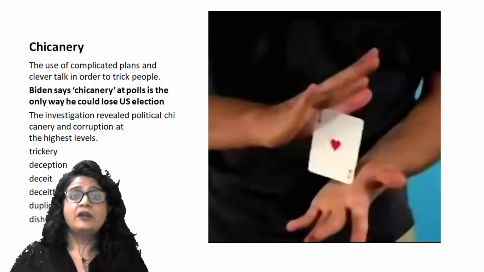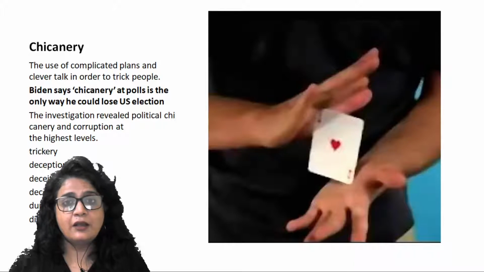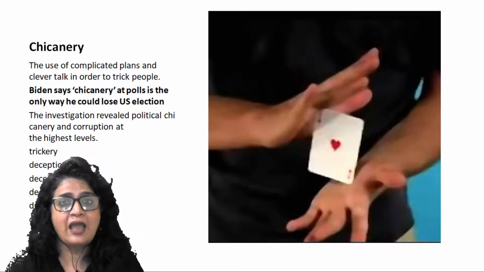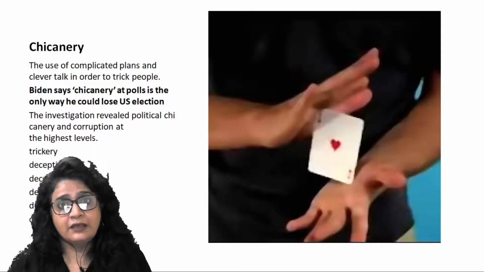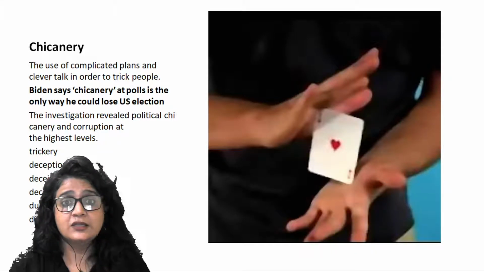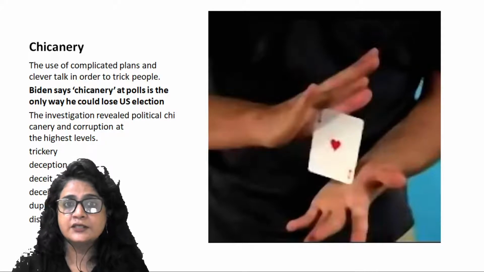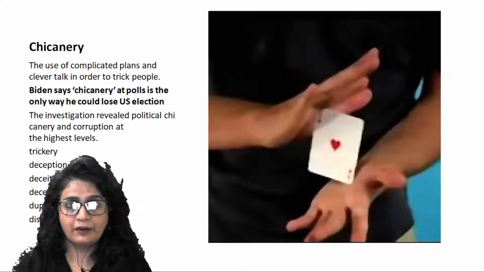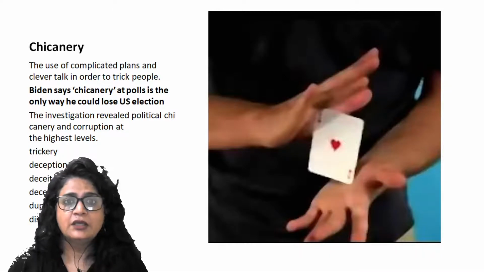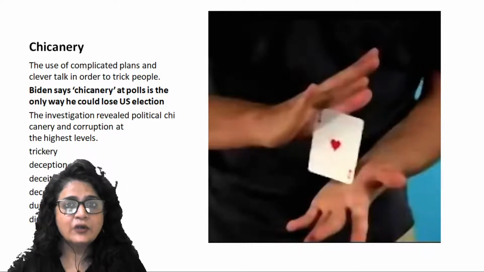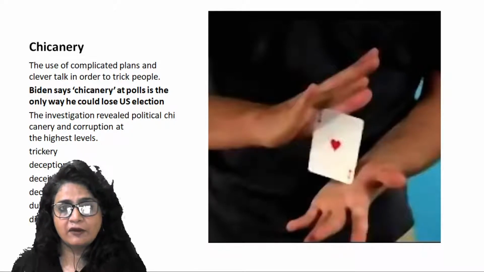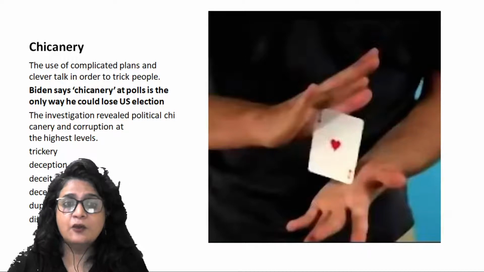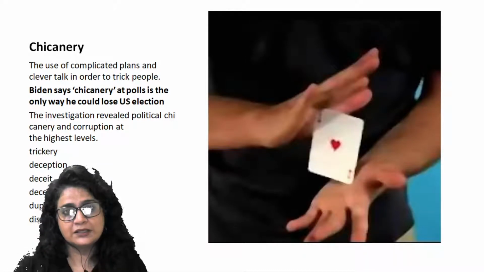Right? So if there is a free and fair election in America, he is not going to lose. He's pointing a finger at Donald Trump, possibly, suggesting that he's not going to be honest in conducting a free and fair election. He's going to trick people, he's going to do something which is going to tilt the votes in his favor. So he says chicanery at polls is the only way he could lose the US election.